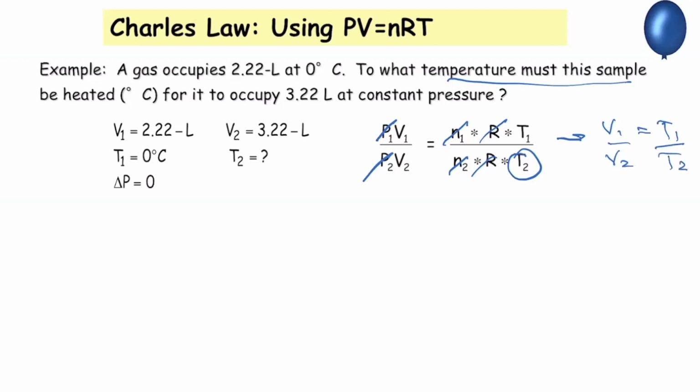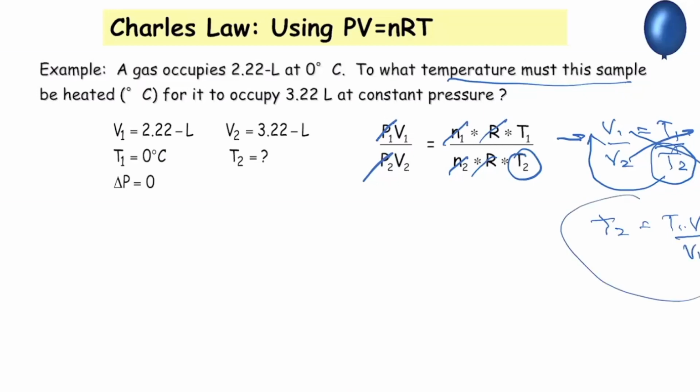Remember the algebra I showed you? T2 is what we need. It needs to go up in the numerator. V2 goes up here and V1 goes down here. So T2 is going to be equal to T1, which stays in the same place, times V2 over V1. The shortcut that I showed you is going to play a vital role in the ideal gas law. And this is what you see right here.